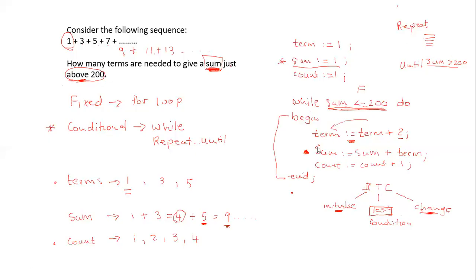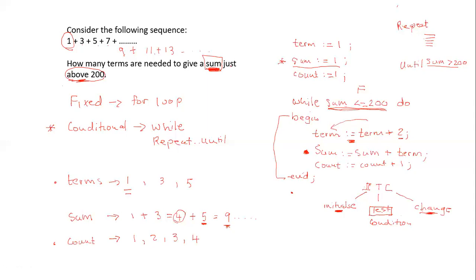So you would gather from that, in a while loop, the repetition takes place when the condition is true, and in a repeat until, the repetition takes place when the condition is false. When the condition in a repeat until becomes true, the loop terminates. So that is the difference between the two loops.